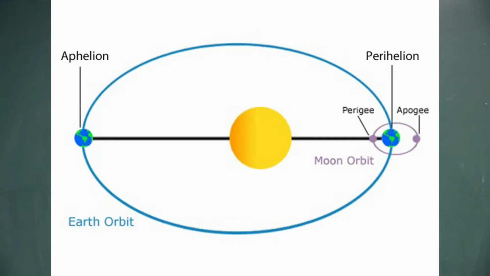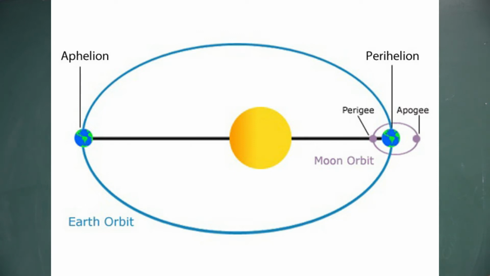We know very well the earth revolves around the sun in an elliptical orbit. The distance between the sun and earth varies every day. When the earth is in perihelion position, the distance between the earth and the sun is very short, 147.1 million kilometer.